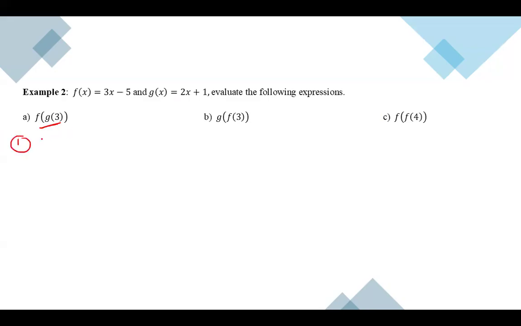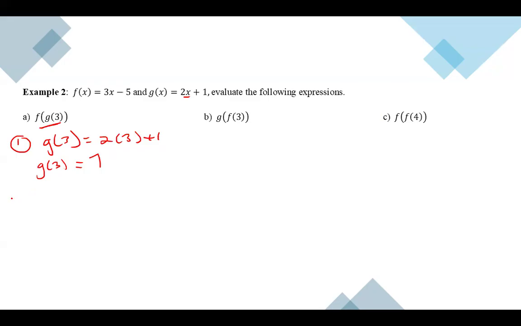Okay, so step 1 is you start from the inside. Starting from the inside, we're evaluating g of 3. g of 3 means I'm substituting in 3 into 2x plus 1. So we get 2 times 3 plus 1. And what do we get? g of 3 equals 7.